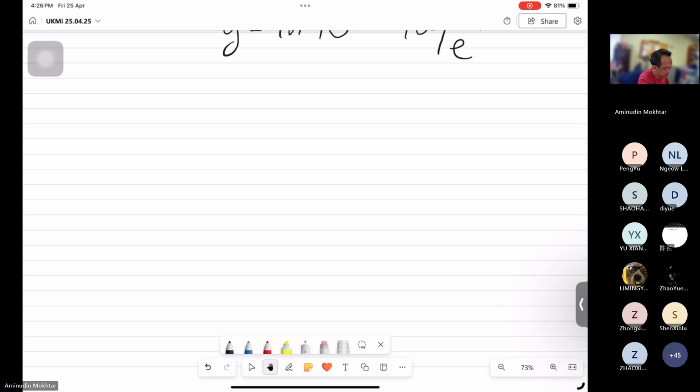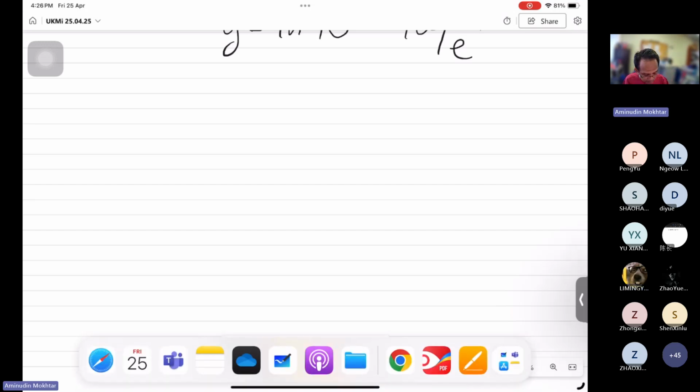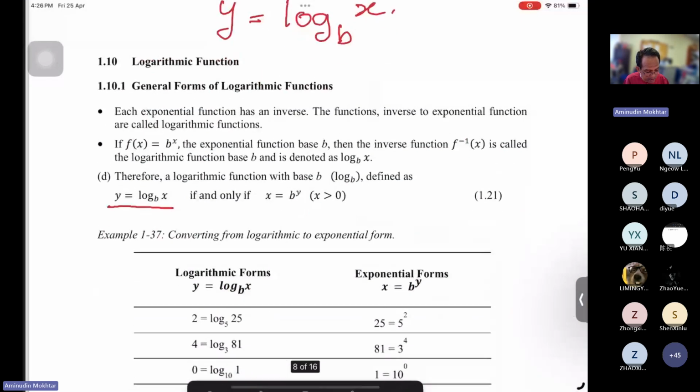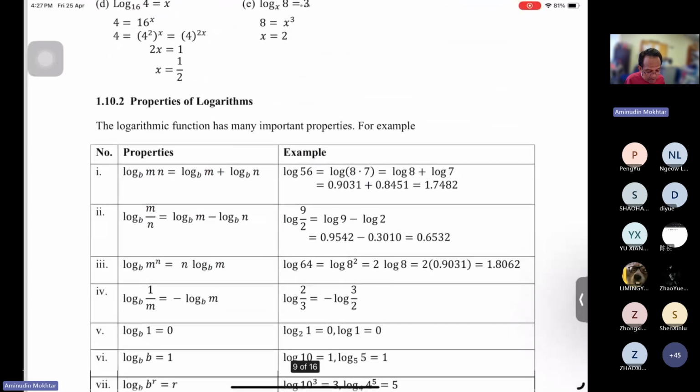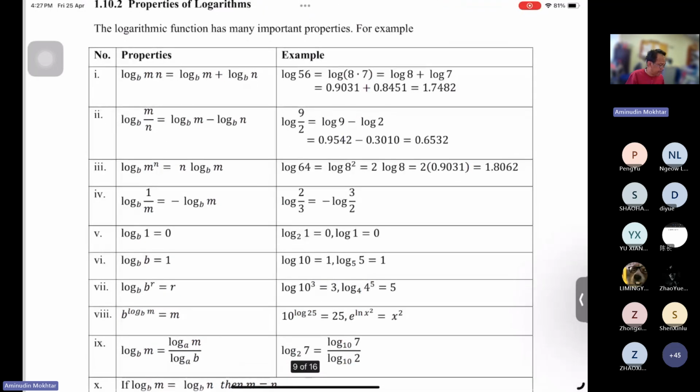Let's see a few examples of how to solve equations of log. Before that, on page 47, there are a few properties of log. These properties are very important when you want to use log in your calculation.